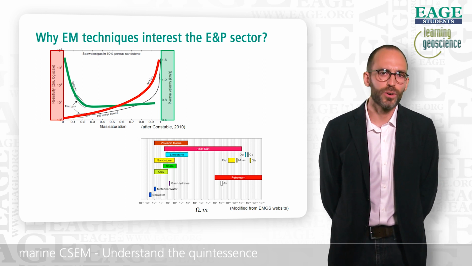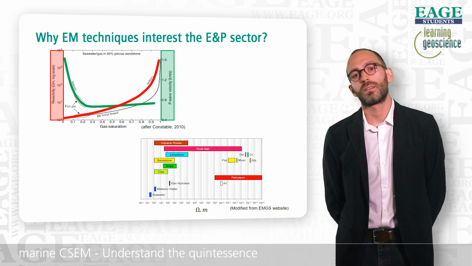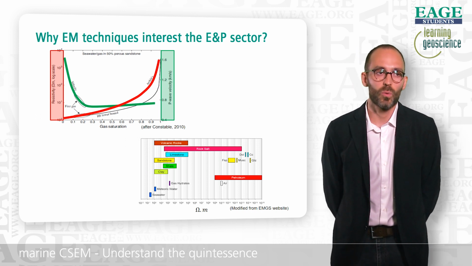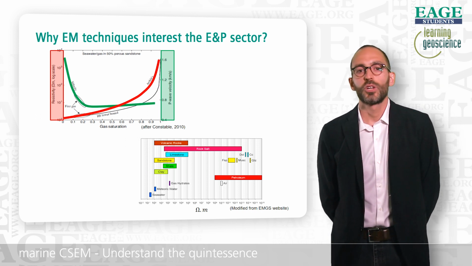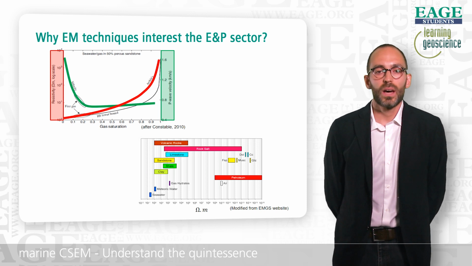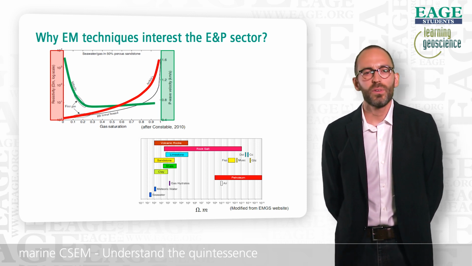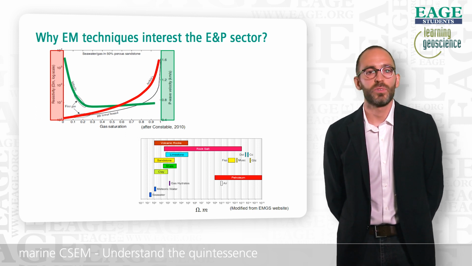And we may observe two curves. The green curve exhibits the effect of gas on compressional wave velocity, while the red one shows the effect of gas on the electric resistivity. You can see that the largest effect on acoustic velocity occurs for a very few percent of gas accumulation.